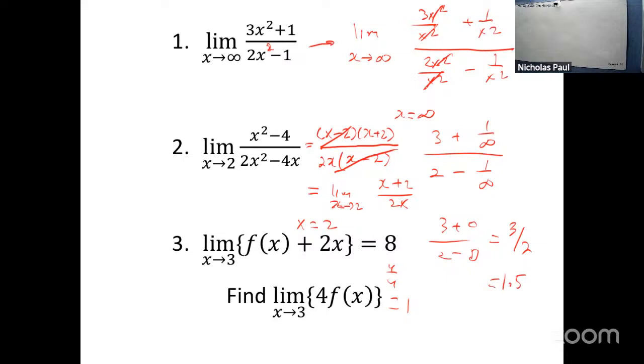Right, number 2 is 1, number 1 is 1.5. Right, number 1 was 1.5 and number 2 was 1.